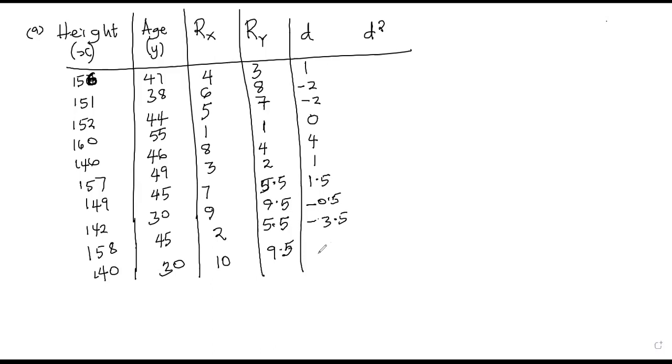Then 10 minus 9.5, you get 0.5. Then when you square D, you get 1, you get 4.